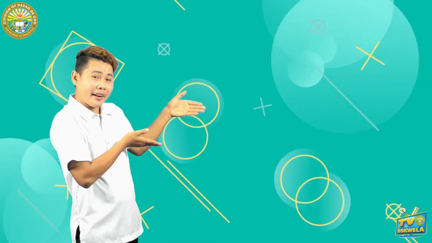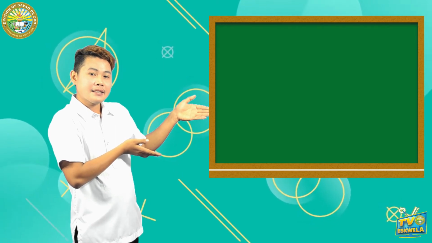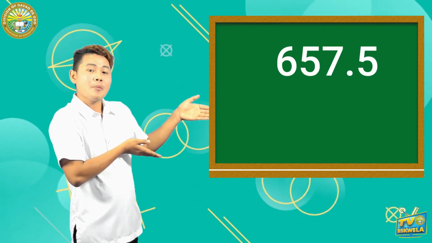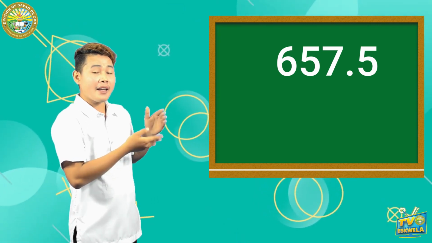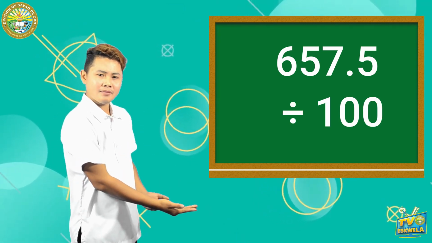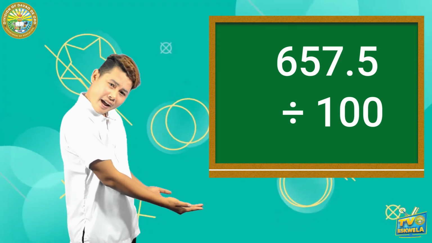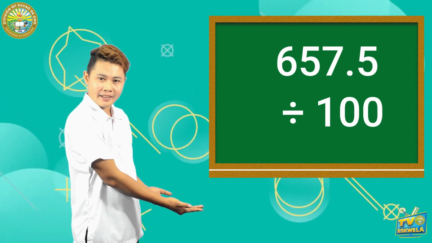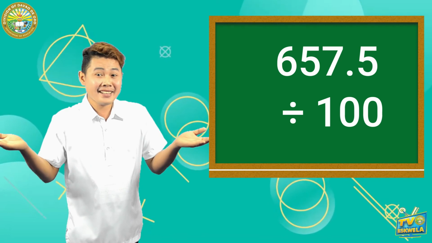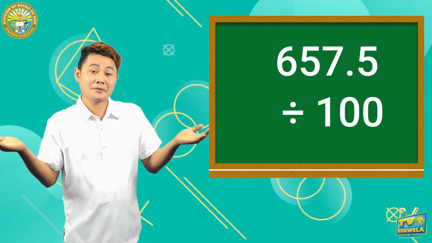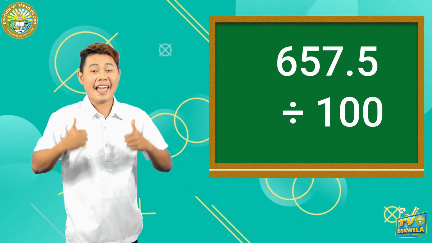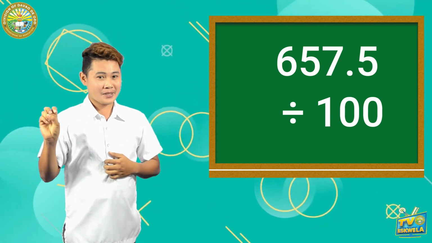How about this one? 657 and 5/10 divided by 100. Look at our divisor, 100. How many zeros? Very good. We have 2 zeros.